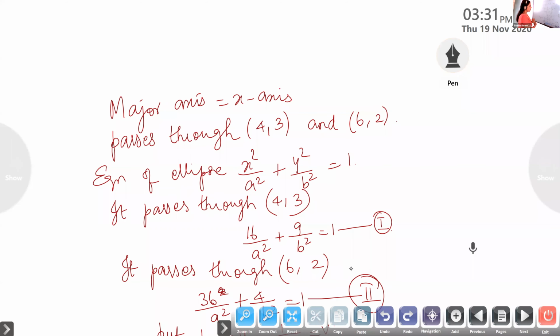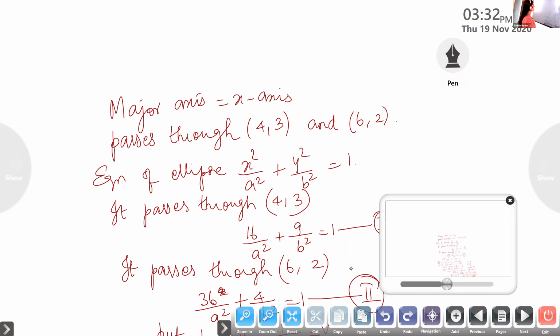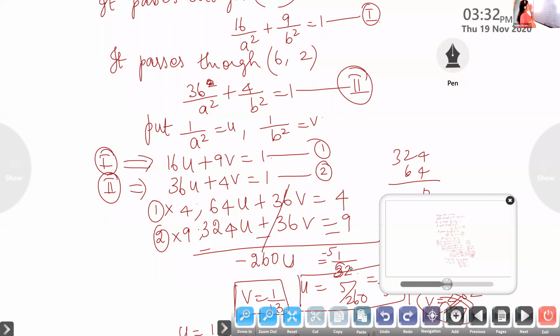Now it is given, it passes through the point (4, 3). So substitute for x and y, and we get 16 by A square plus 9 by B square is 1. One more point is given. It passes through the point (6, 2). When you substitute that point, you'll get the second equation: 36 by A square plus 4 by B square is equal to 1.